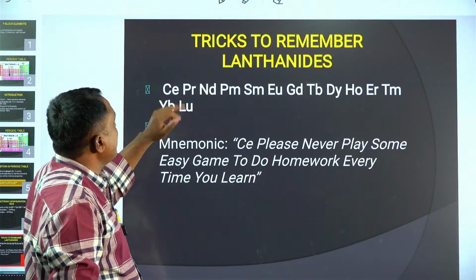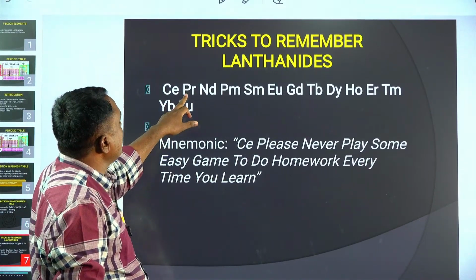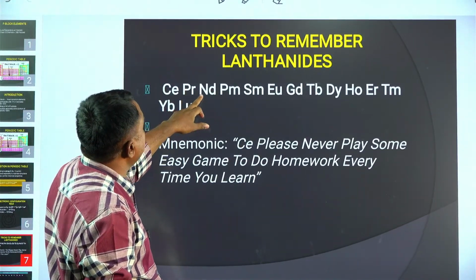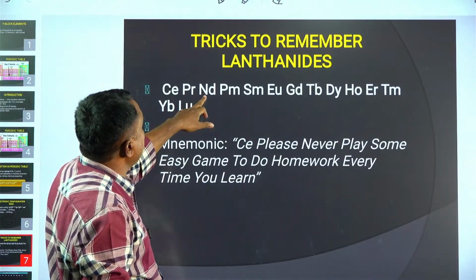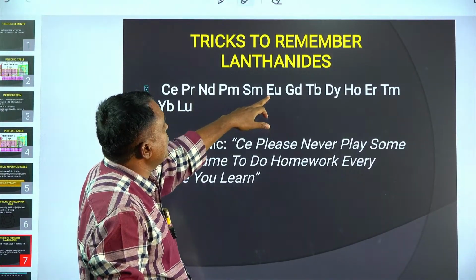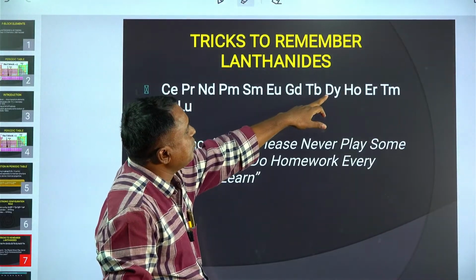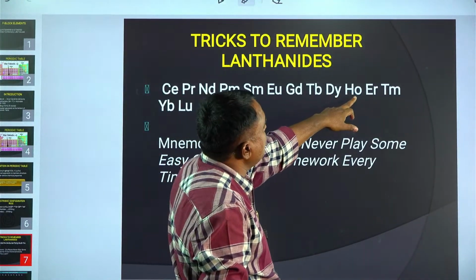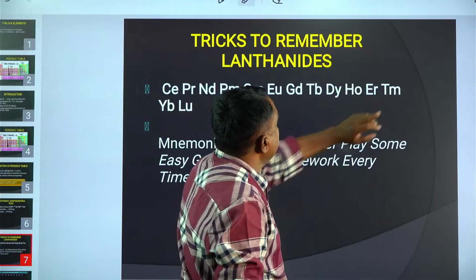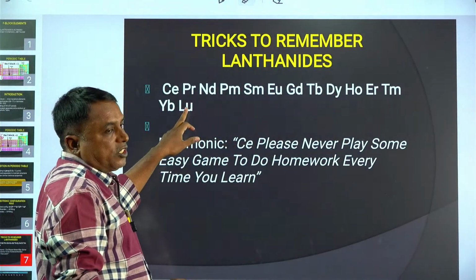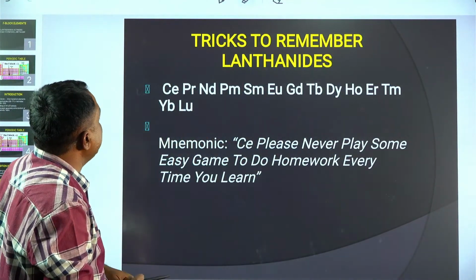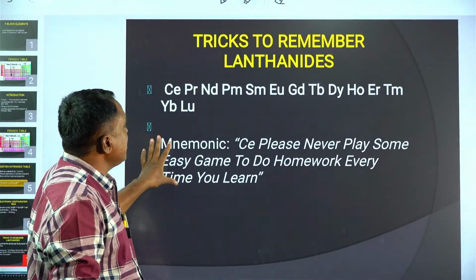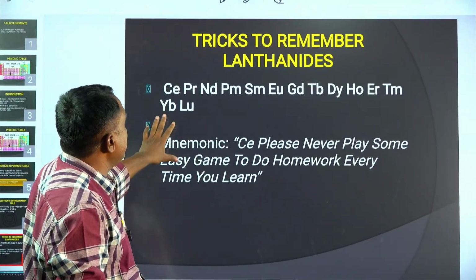The first element is cerium, then praseodymium, neodymium, promethium, samarium, europium, gadolinium, terbium, dysprosium, holmium, erbium, thulium, ytterbium, lutetium. So there are 14 elements in the lanthanides, and using this mnemonic we can remember them easily.